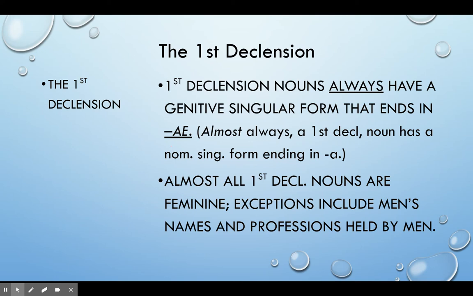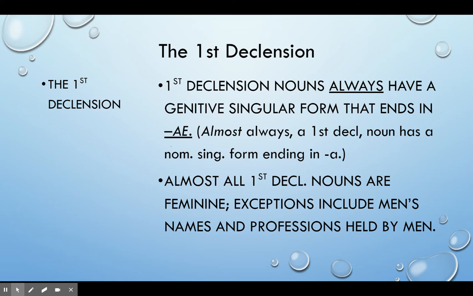All right, the vast majority of first declension nouns are feminine in gender. And we talked last week about gender being not a matter of biological sex, but a matter of grammatical categories. Well, there's a little bit of an overlap between biological sex and grammatical categories when it comes to the first declension nouns that refer to professions.